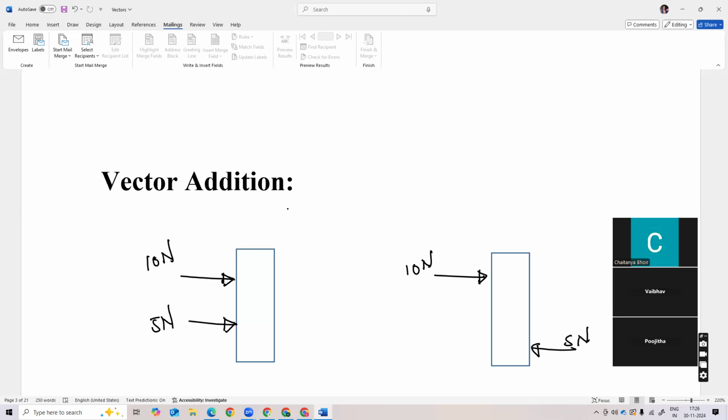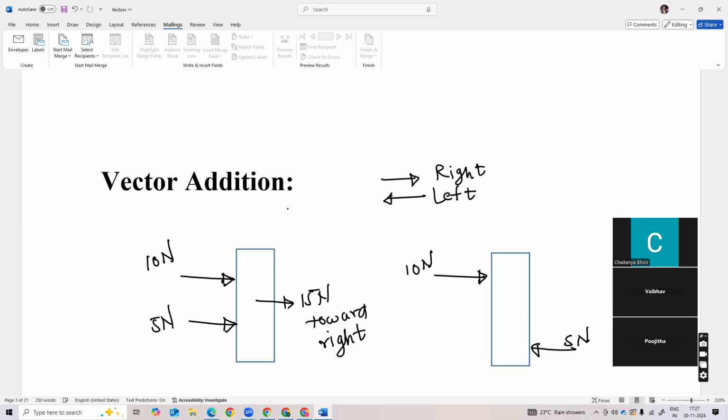In this case, let's say this side is right and this is left, the net force is basically 15 newton towards right.